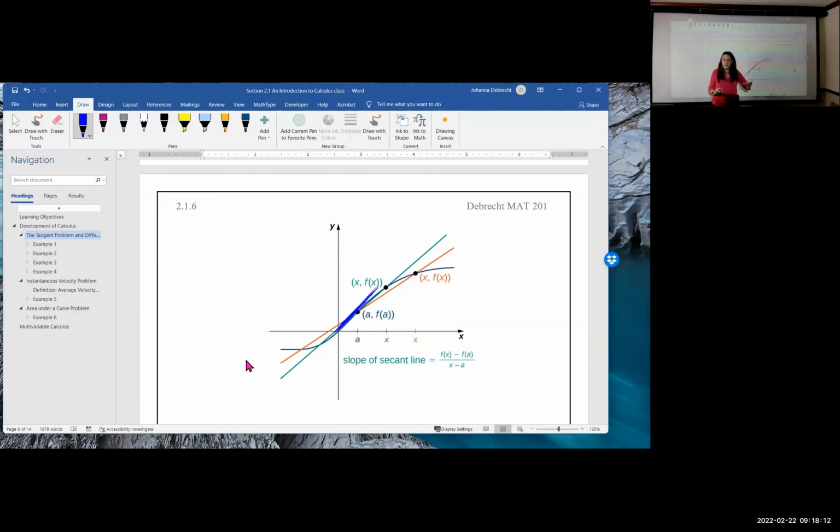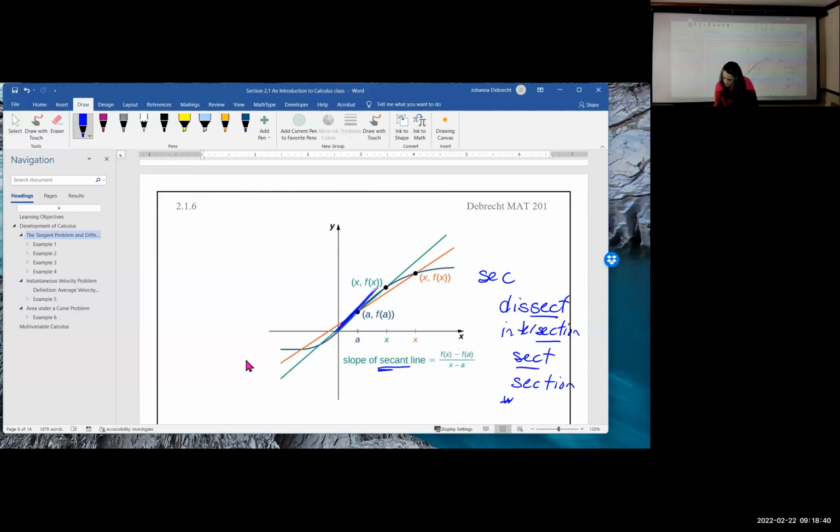So the closer and closer the points are to A, the better the approximation, but that's using the secant line. Secant means to cut. So when you see this SEC, think of it as being part of the words like dissect, intersection, sect, section, vivisection.